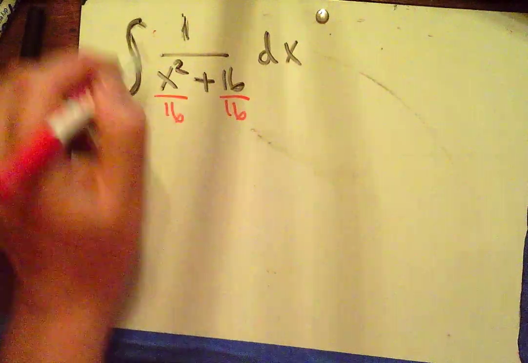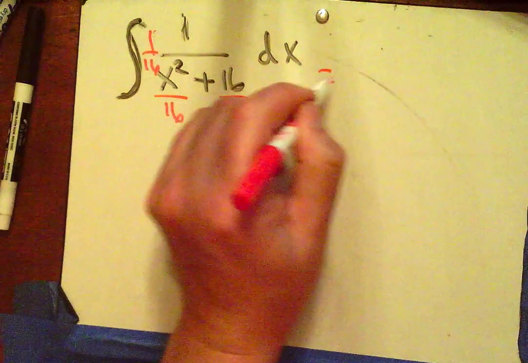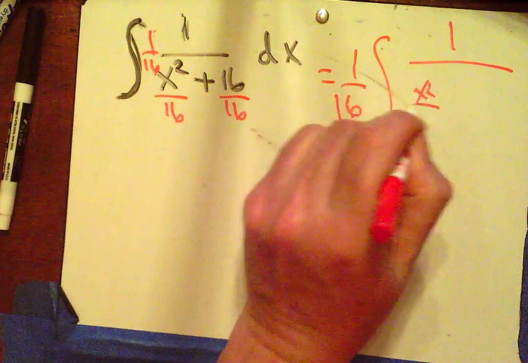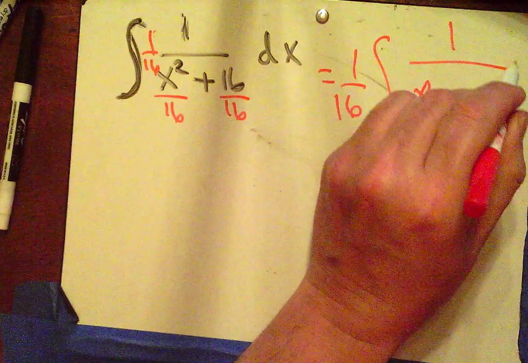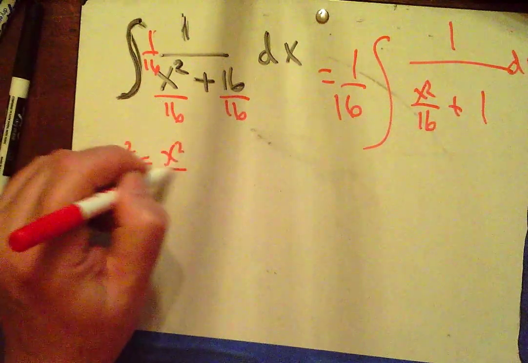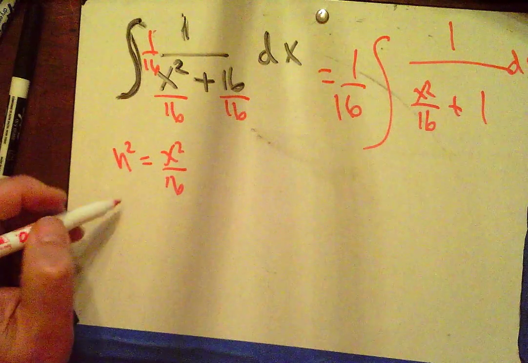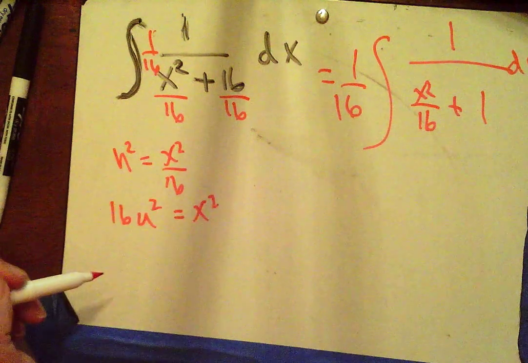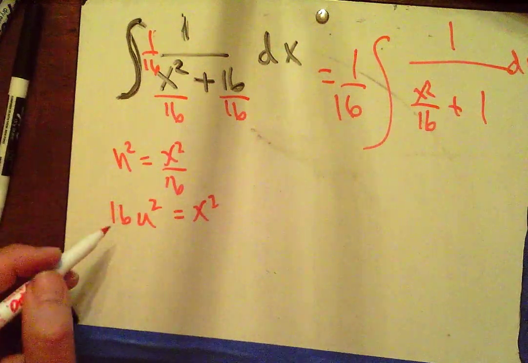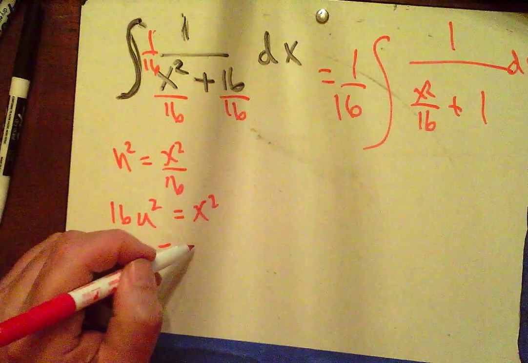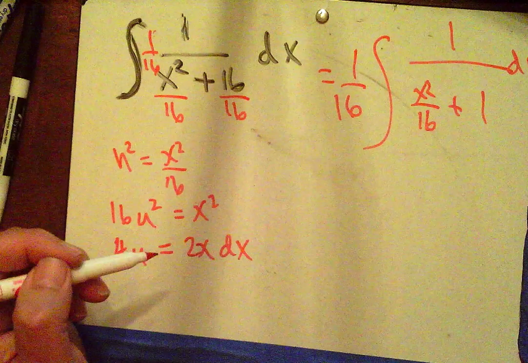Okay, so dividing by 16, multiplying by 1/16, got that 1/16 out in front, 1 over x squared over 16 plus 1 dx. Now I can say that u squared is x squared over 16, or 16u squared equals x squared. Now if I take the derivative of both sides, I'm going to get 4u equals 2x dx.